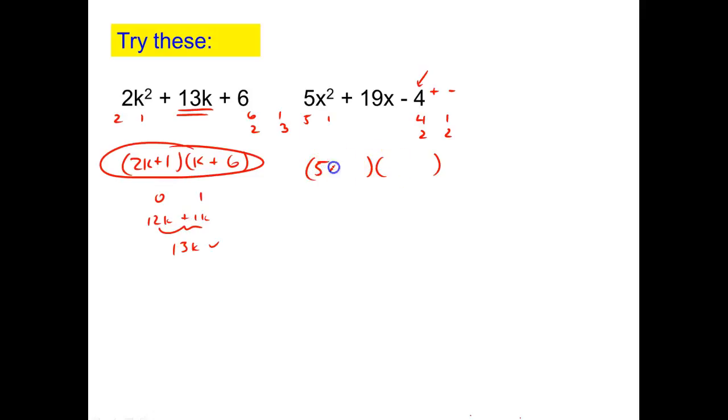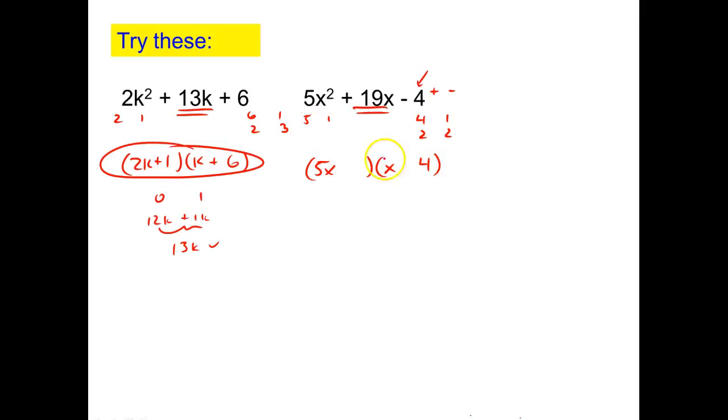5x and x up front. I want a positive 19 in the middle. So I'm trying to build a positive 19. What numbers can I multiply that are going to get me close to that? Well, 5 times 4 gets me close. So I'm thinking I'm probably going to use that one. Let's put the 4 in the back.